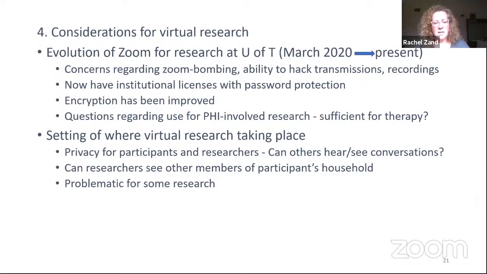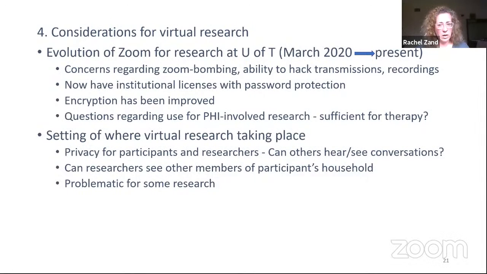The other piece is now we have to worry not necessarily about the technology for the interviews or focus groups, but the settings where the participant is. A lot of the research that we see involves one-to-one interviews, and the individual on the other side of the screen may not necessarily have total privacy. Some of the studies look at youth and the effects of the pandemic on them, and parenting situations.